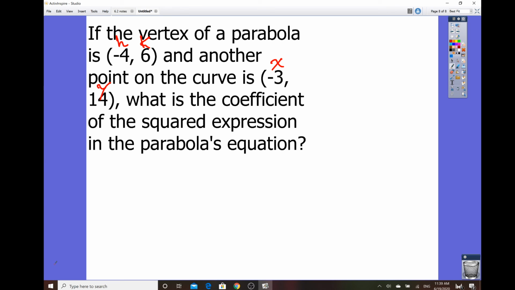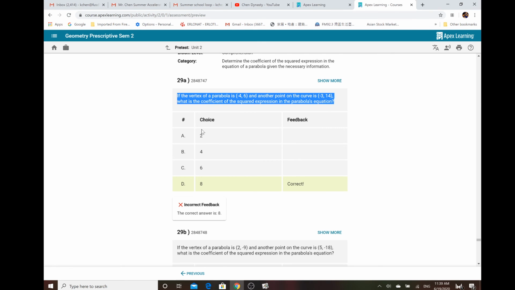But now, one more thing that I just want to find out here. Let me just go back to the instruction one more time. Yeah, this one is hard to tell because it doesn't tell you exactly what kind of parabola that is.